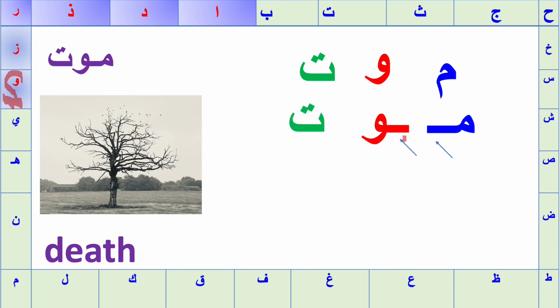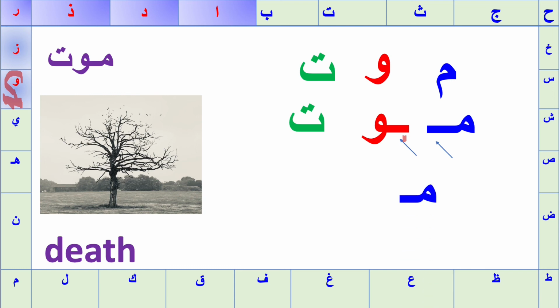Finally, the ta will appear in the individualized shape because it cannot connect with the wa. The wa is a letter that can only connect with a preceding letter, with the letter to the right-hand side, but not with the letter to the left-hand side.